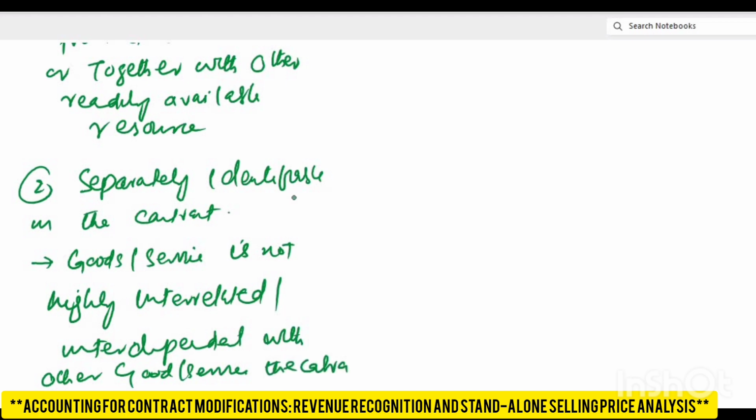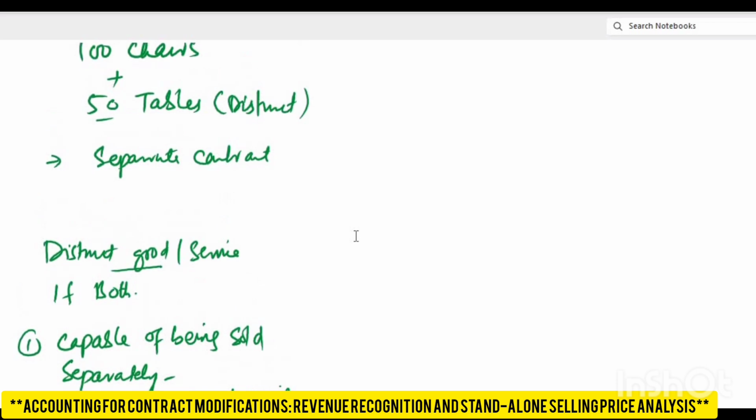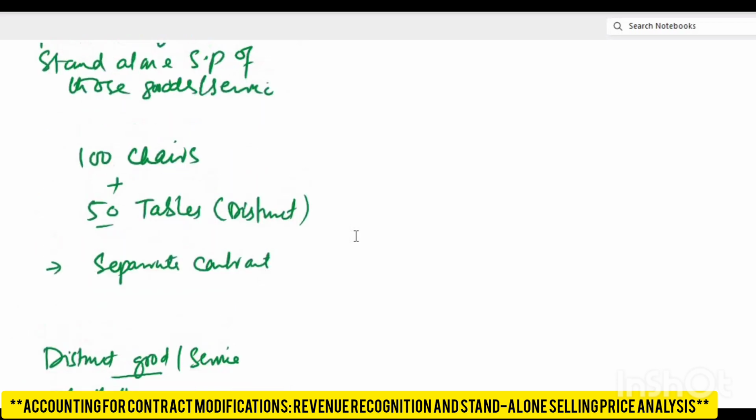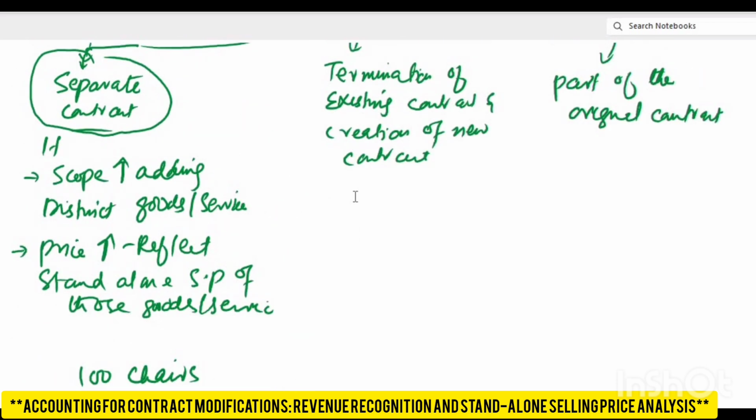If these criteria are met, then we will say that the goods or services are distinct. Now when the goods or services are distinct, and this increases the scope and the price, and the price reflects the standalone selling price of those goods and services, then we will count such a modification as a separate contract. Clear?